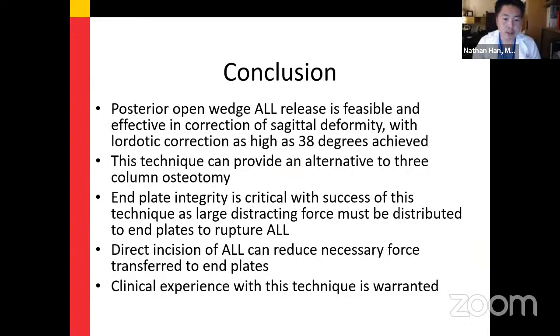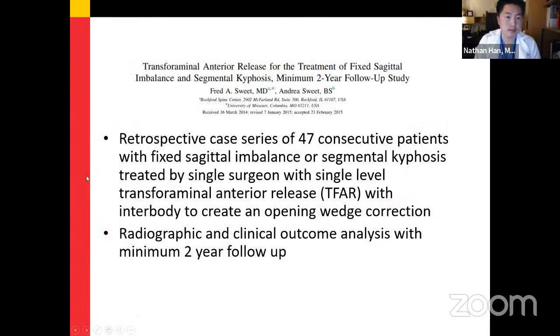And the last paper I want to introduce was the paper by Sweet. And this was a retrospective case series of 47 consecutive patients with fixed sagittal imbalance or segmental kyphosis treated by a single surgeon with single-level transforaminal anterior release with interbody to create an open wedge correction.